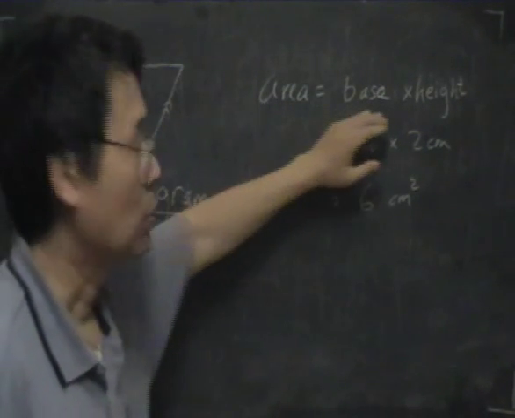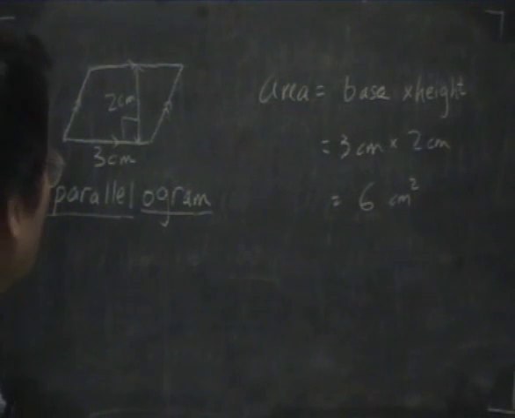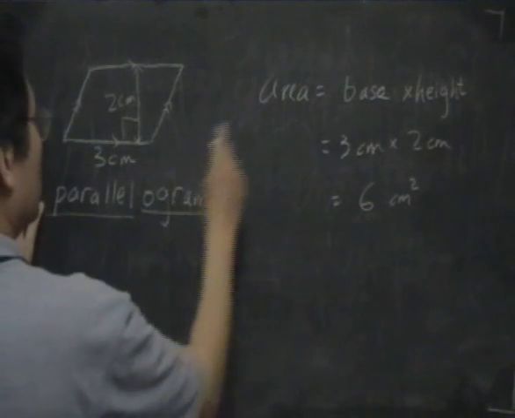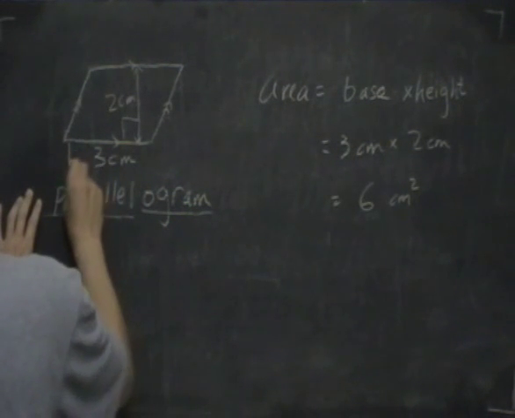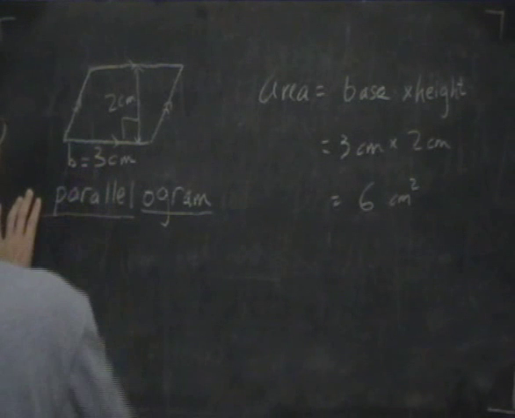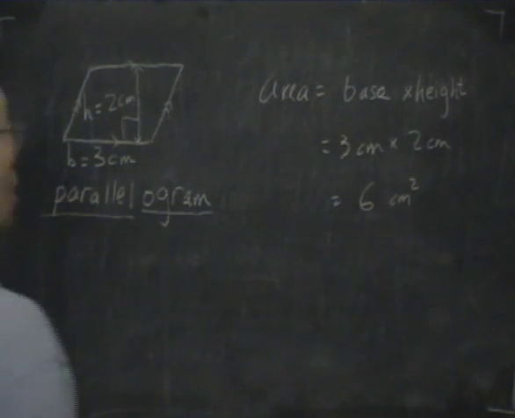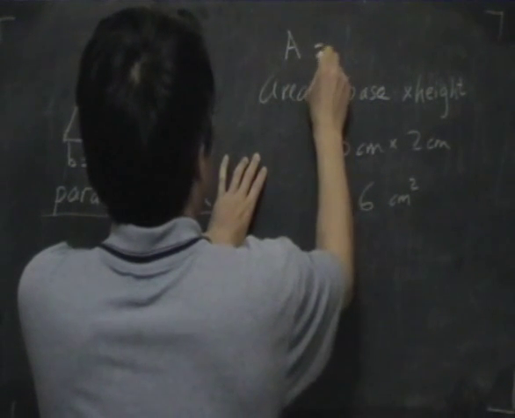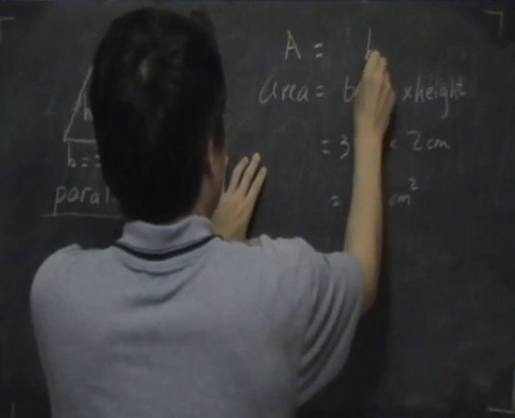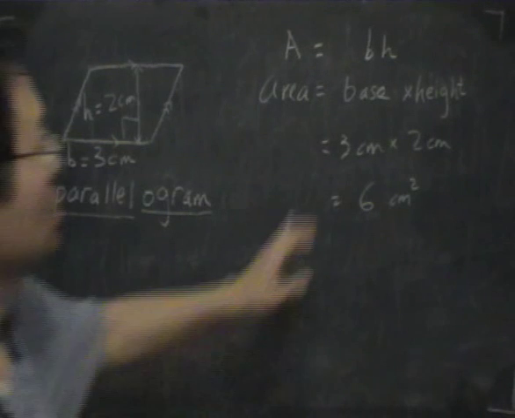And we make the word equation simpler by using, again, symbols to represent these quantities. So let me call the base B, the height H, and the area A. So A is equal to BH, base times height.